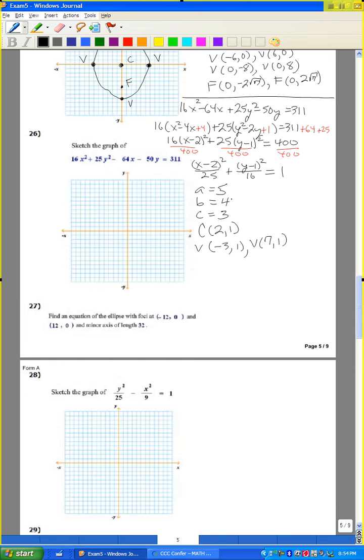Adding and subtracting 4 along y: 1 minus 4 is negative 3, 1 plus 4 is 5. For the foci, we add and subtract 3. Since 25 is bigger than 16, it goes along x: 2 minus 3 is negative 1, 2 plus 3 is 5.